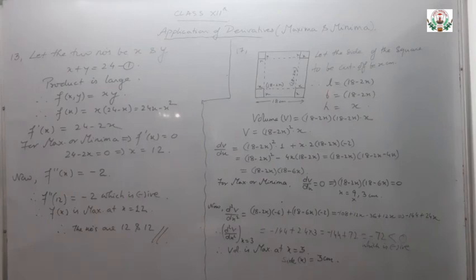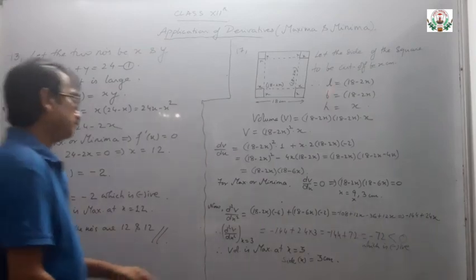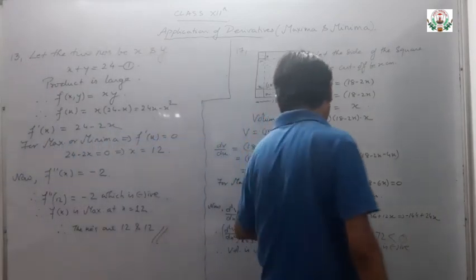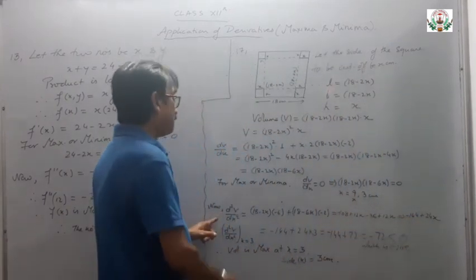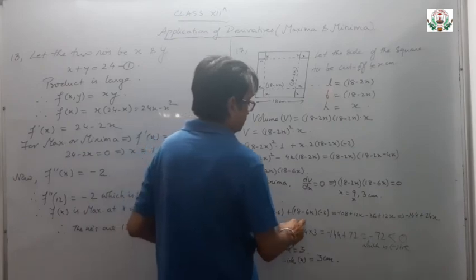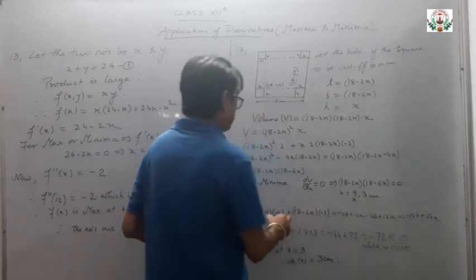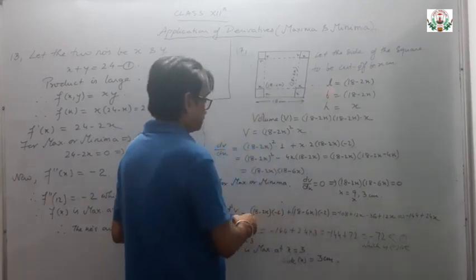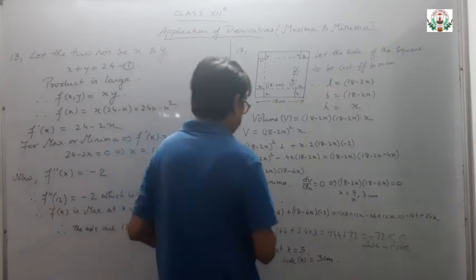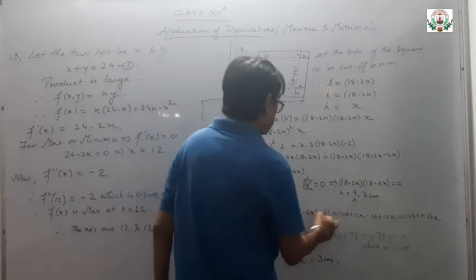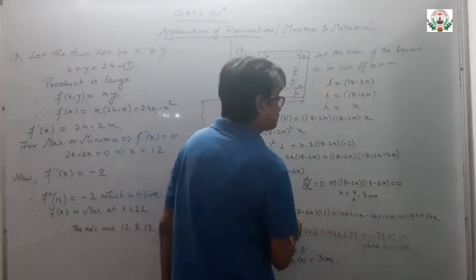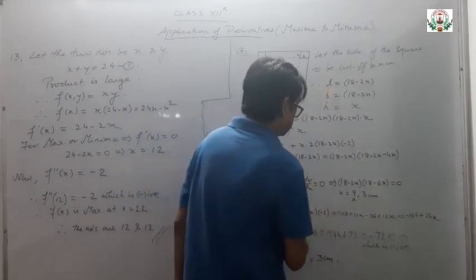So now when we are differentiating this we get minus 144 plus 24x. Second order derivative: (18 minus 2x) into minus 6 plus (18 minus 6x) into minus 2. So 18 into minus 6 will become minus 108, minus 2x into minus 6 is plus 12x, 18 into minus 2 is minus 36, and plus 12x.